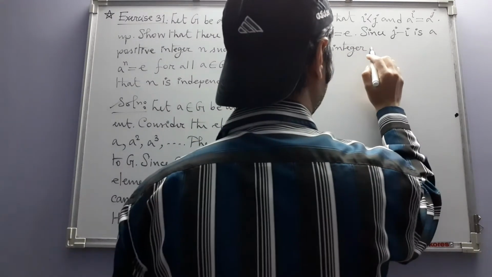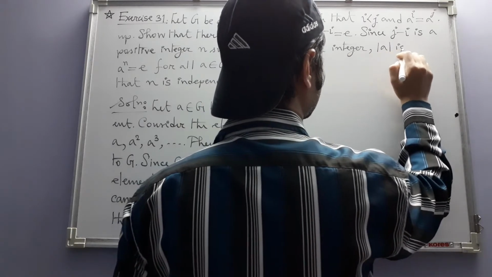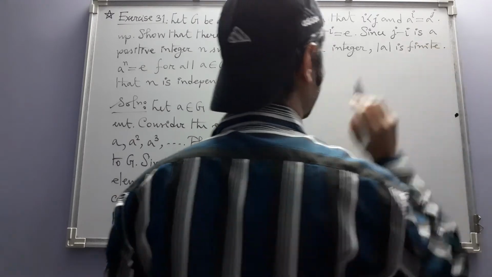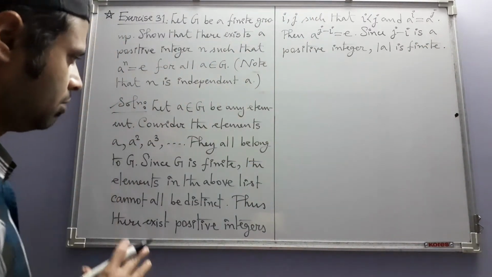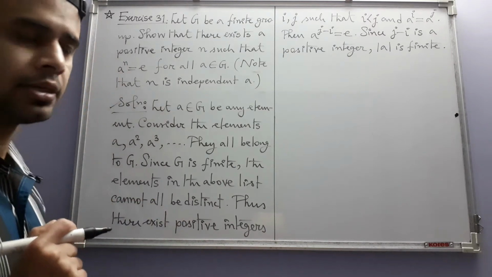So we have thus shown that every element in G has finite order.